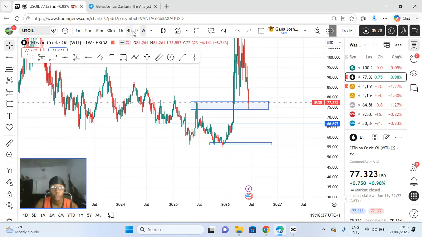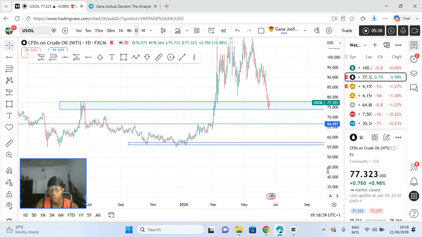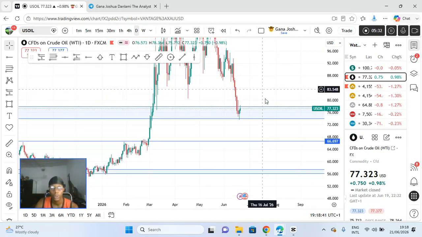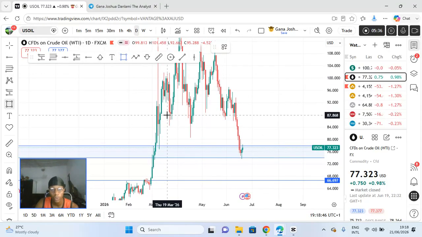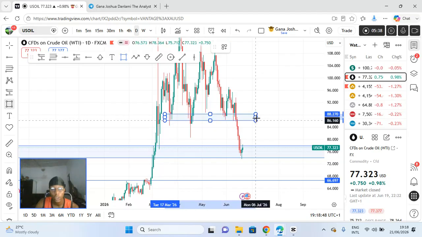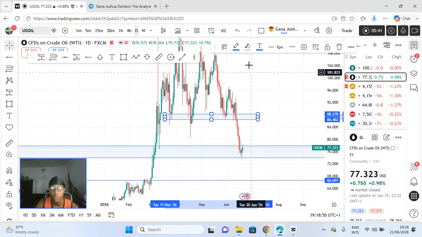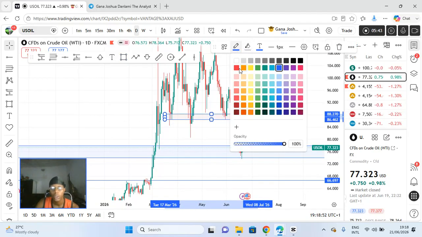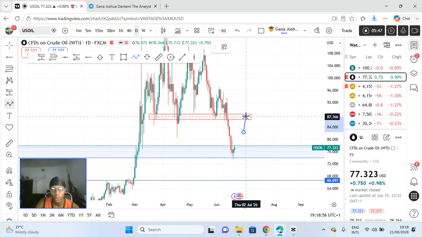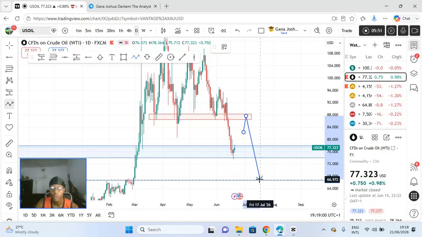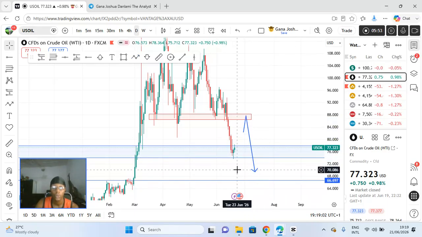But for the time being, price is bearish. So what we could see happening likely on oil is some retracement to this level of support that has turned resistance. Support was broken, it's now a resistance. So hopefully, some retracement to the upside and continuation to the downside to either this level. That's what we're seeing.